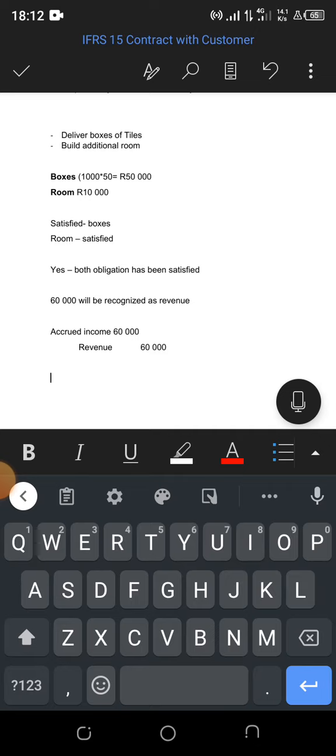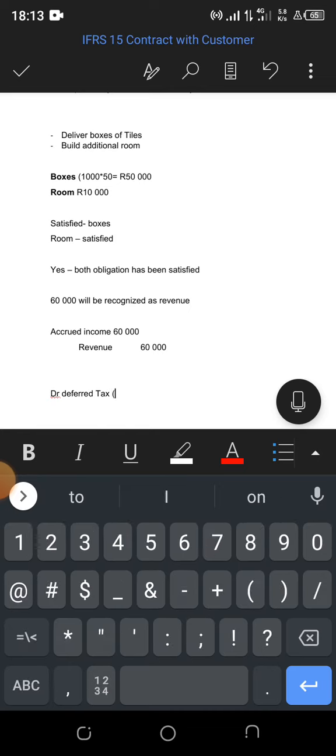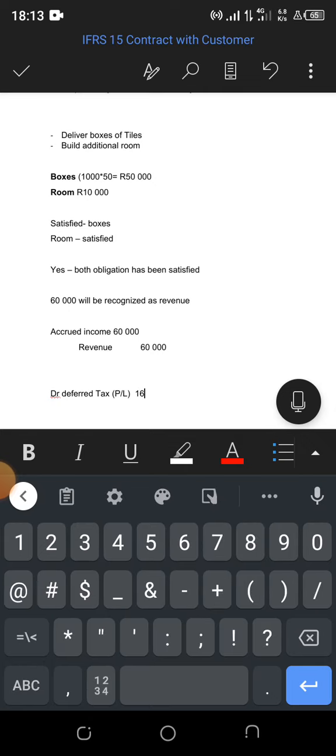Okay, so in this case, what is going to happen when we deal with deferred tax? Remember, accrued income falls under current assets, which means that deferred tax must be a liability, which means that we are going to say debit deferred tax P and L. Then it's going to be 60,000 multiplied by 28%, which we are going to get 16,800.